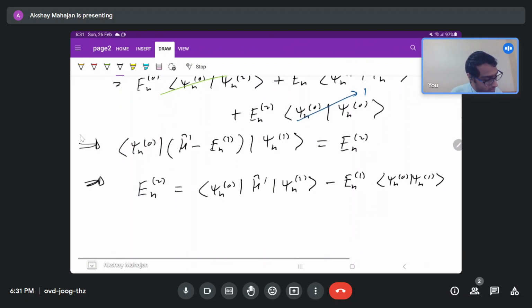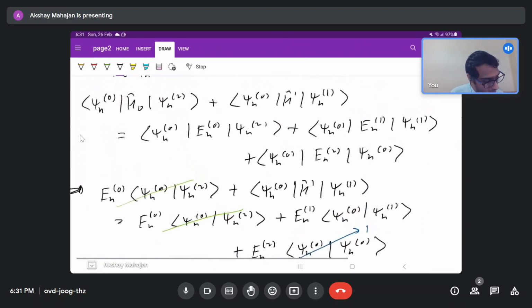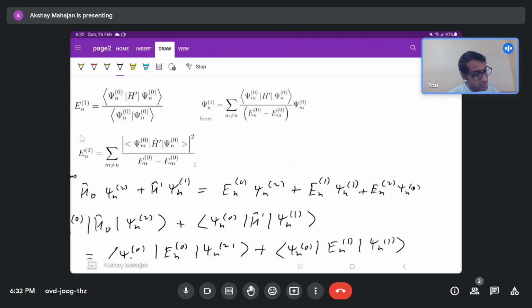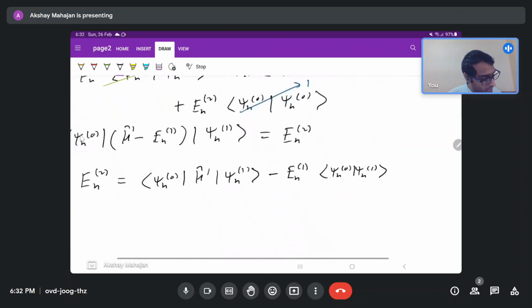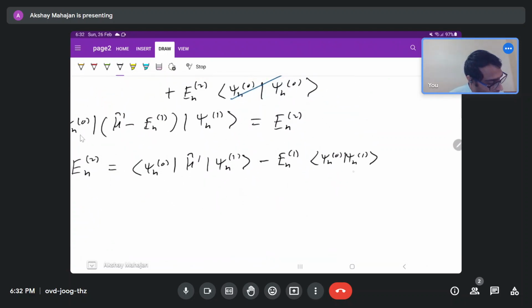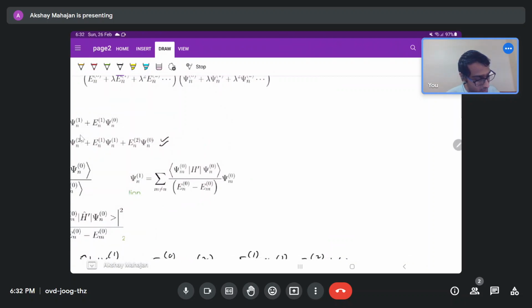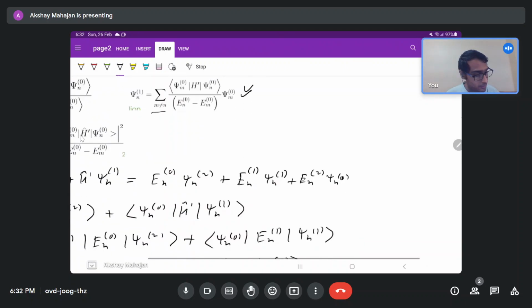Okay, now here, using the formula, we know that for psi n of the first order correction, there is no psi n of the zeroth order. So psi n of the first order correction will be perpendicular to psi n of the zeroth order. This we can see from this formula, because m is not equal to n.